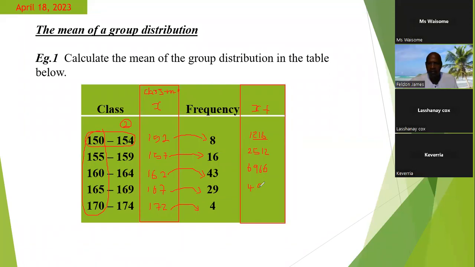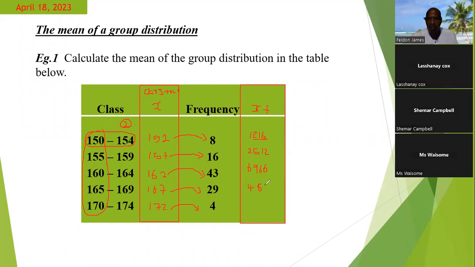All right, who got the next value? The last value? 688, sir. All right, so you got 688. That's 6,000 or just 600? 688. Okay.